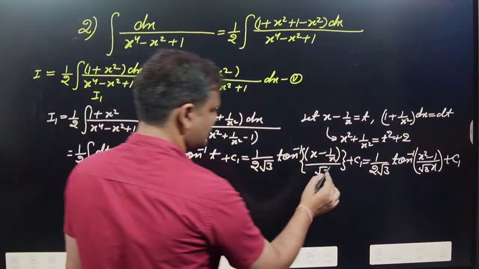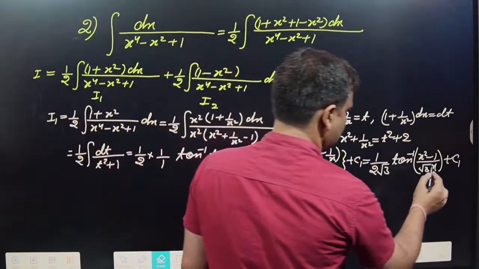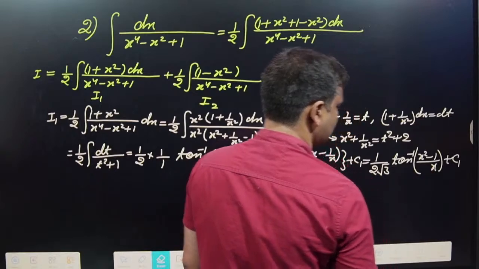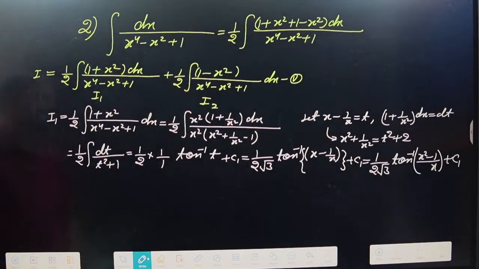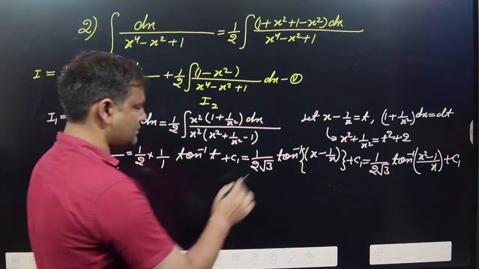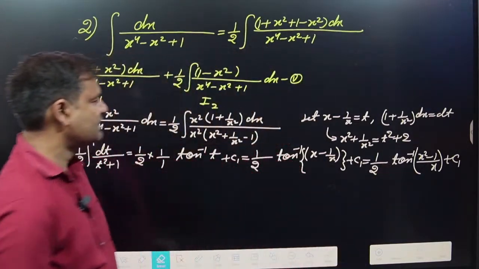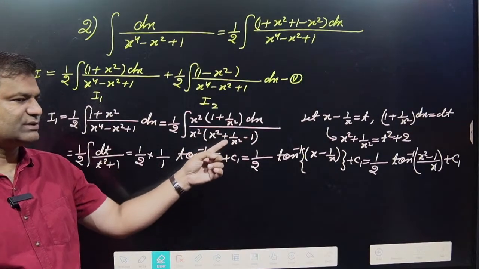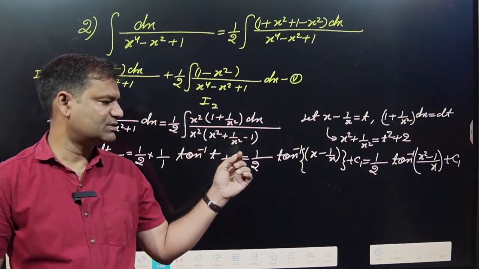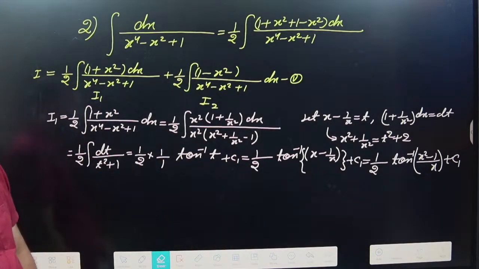Also remove root 3 here, and here remove root 3, silly mistake. Simply, t square plus 2 adding, then here minus 1, so t square plus 2 minus 1, that is t square plus 1, so finally like that. Okay, I hope it is clear.